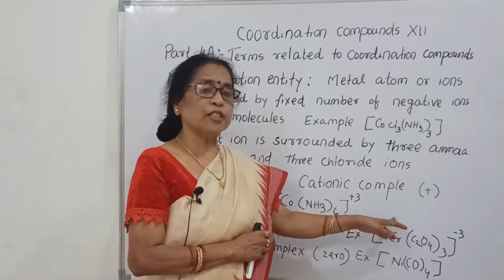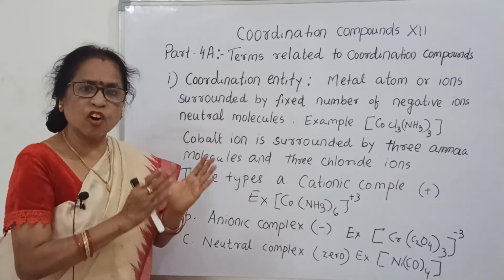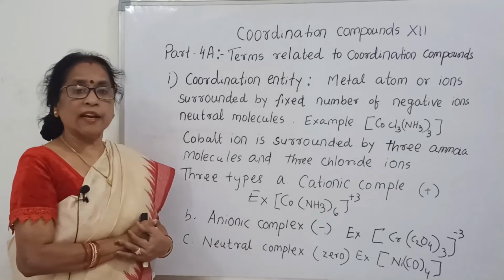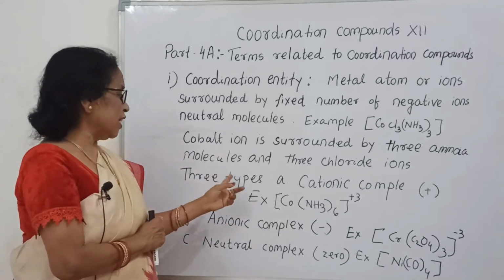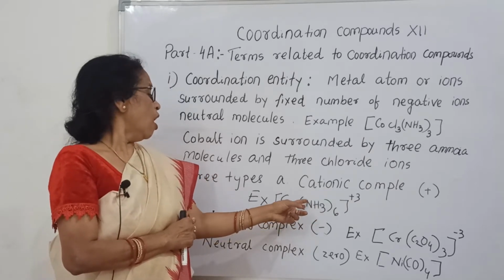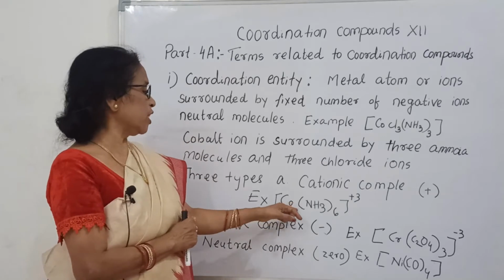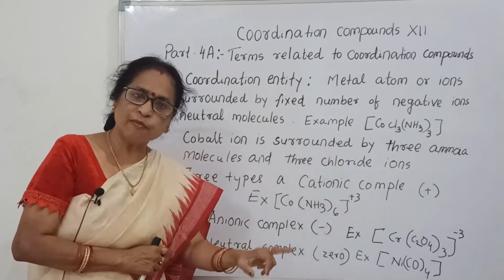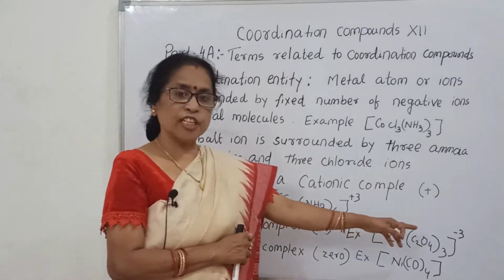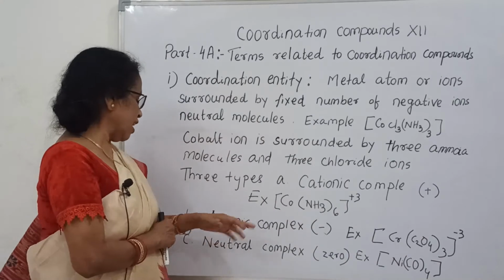Since the outside of the square bracket shows -3, it is called an anionic complex. Again, what is a cationic complex? Here it is neutral ammonia, 6 molecules having 0 charge, and cobalt is +3, so that is a cationic complex. The next example is the anionic complex, where the overall charge is -3.